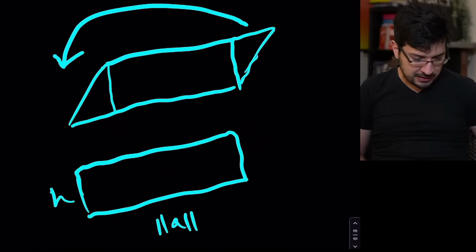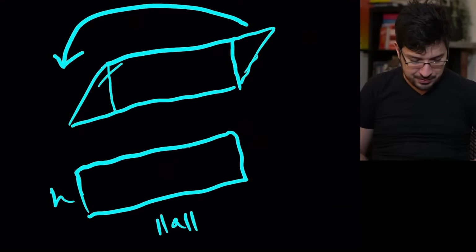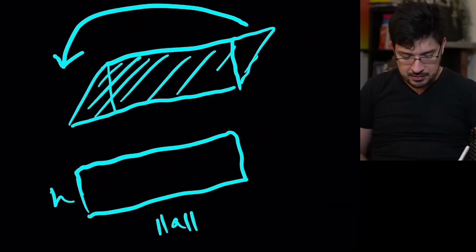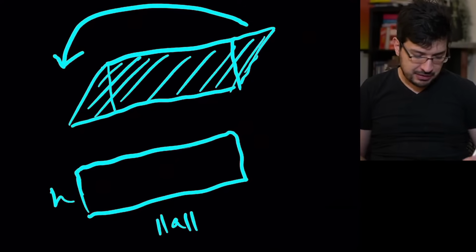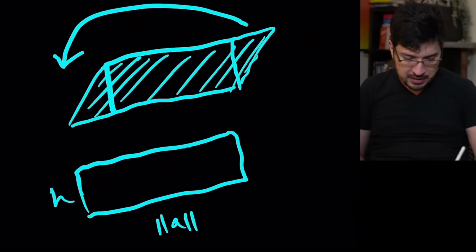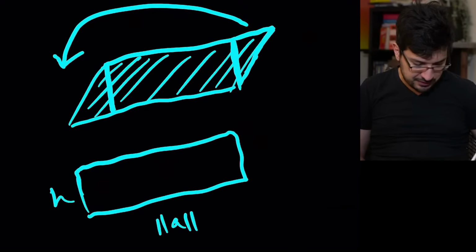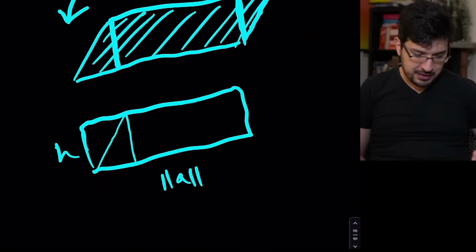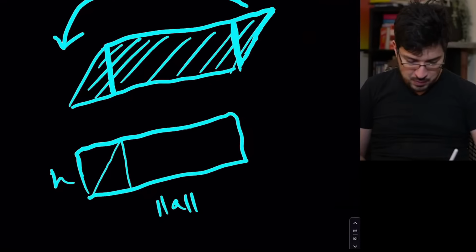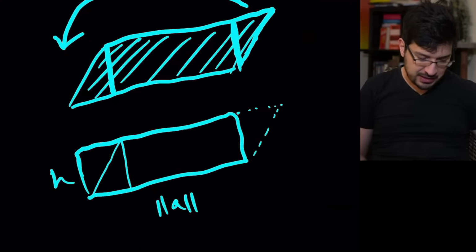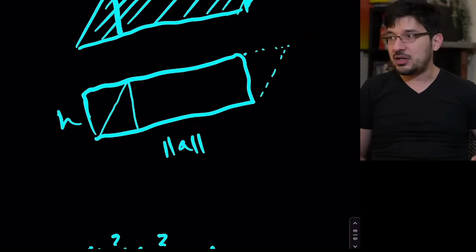Well, if you see this one as a parallelogram, right? A parallelogram has these 2 right triangles, and you just move one of those right triangles over to the other side. So if we just moved that one right triangle that was over here and moved it over, now this is a rectangle, right?